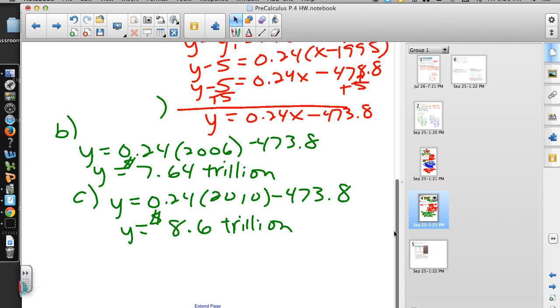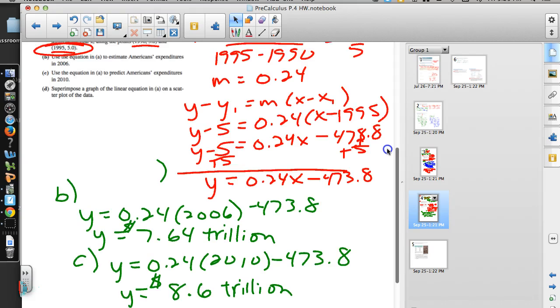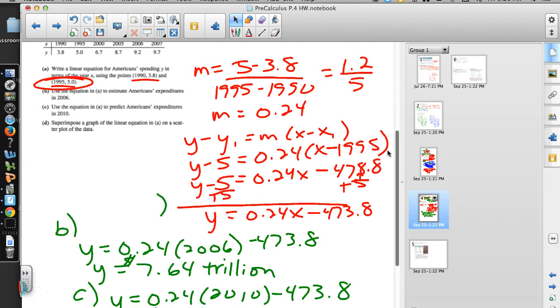Now, D says superimpose a graph of the linear equation on a scatter plot of the data. So what we would want to do is just go ahead and graph those points that we see up there and then put our line over the top of it.